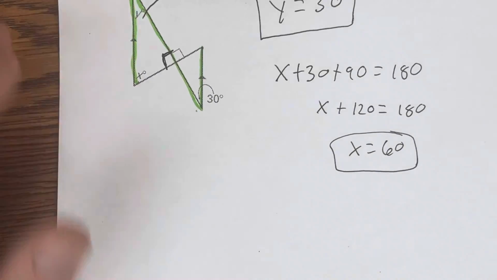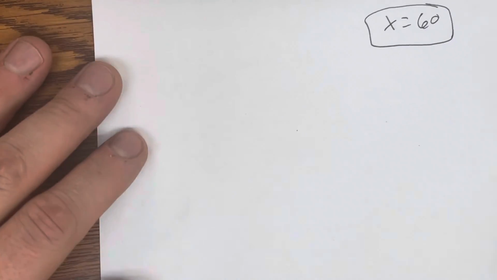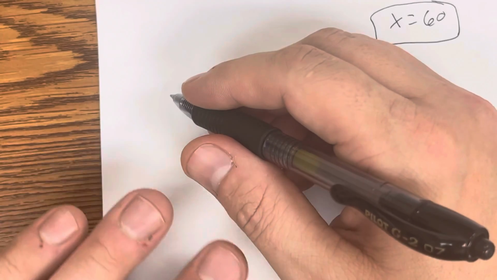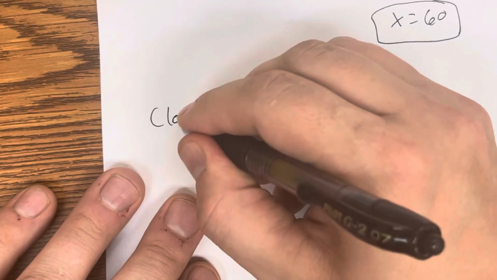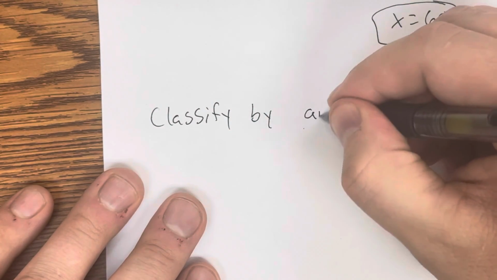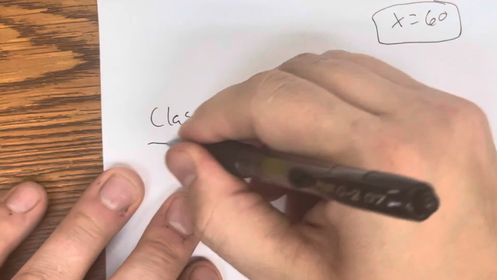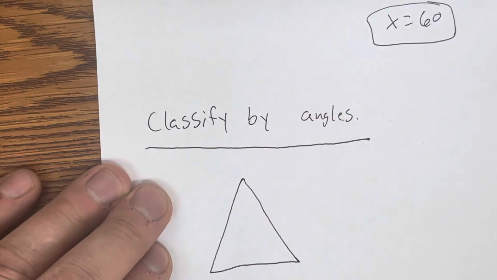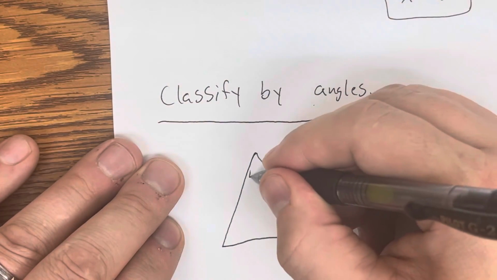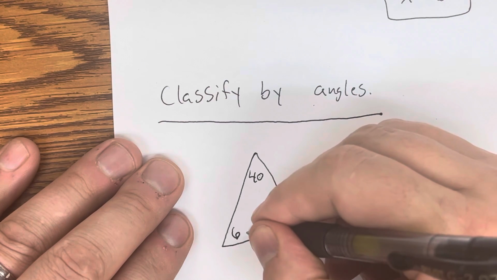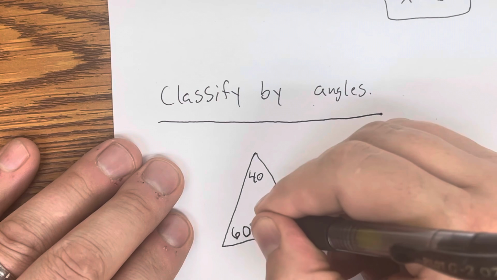Now a couple things here before I turn you loose, just a couple reminders on classifying. If we have to classify the triangle by the angles, just a couple key things. This triangle here, let's say this is 40 degrees and this is 60 degrees.